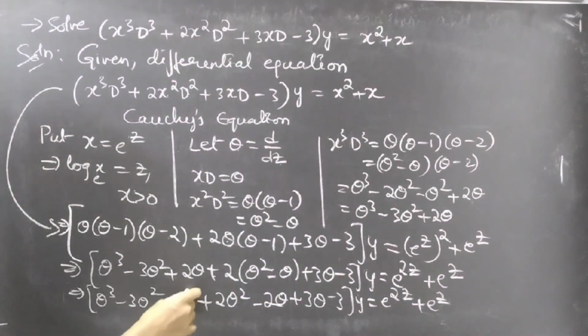So here plus 2 theta minus 2 theta gets cancelled.